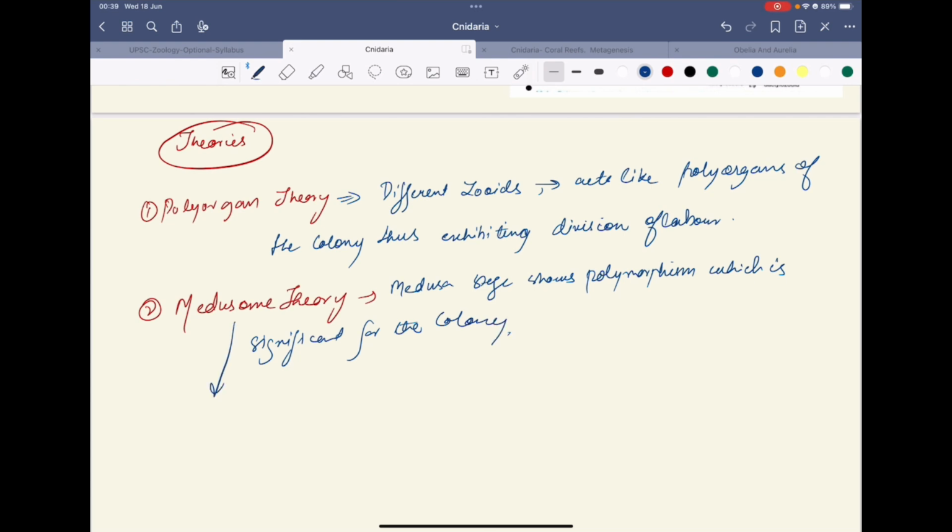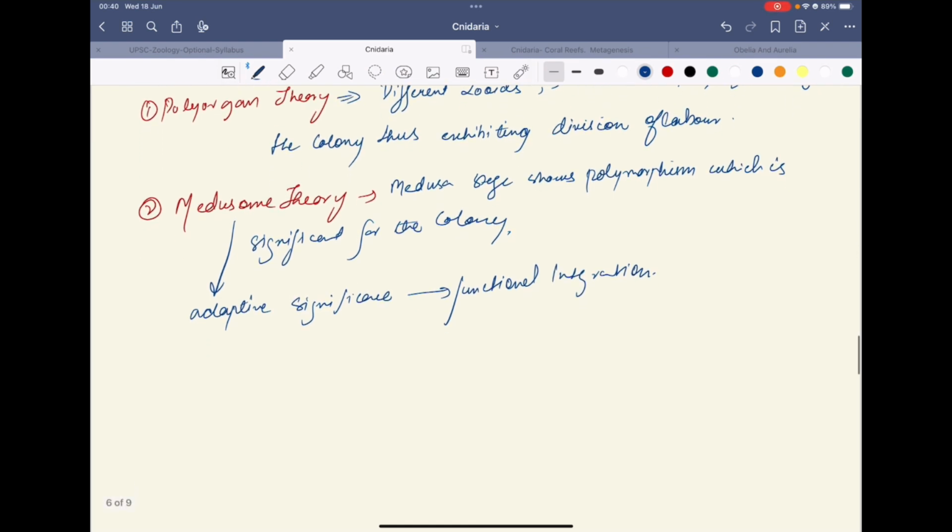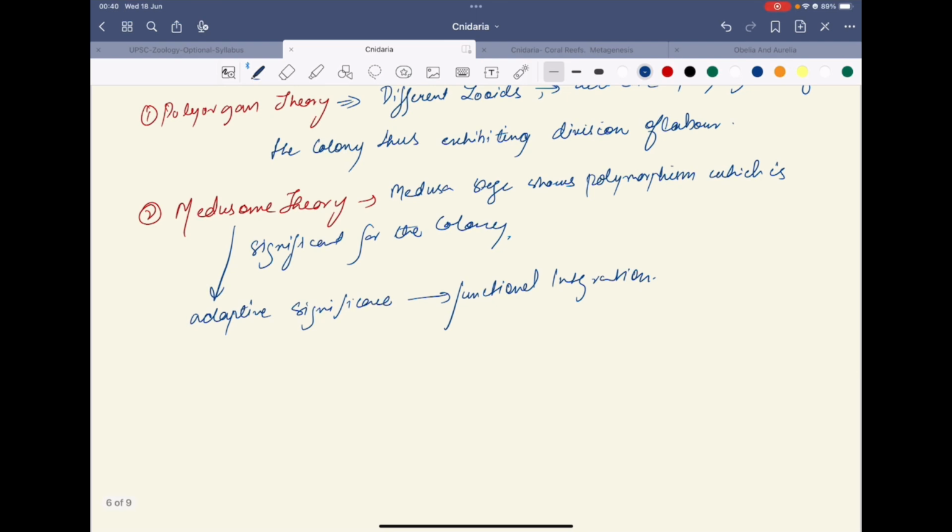It has adaptive significance. Adaptive significance means that it helps in the functional integration of the body. Then the third theory is the polyperson theory.